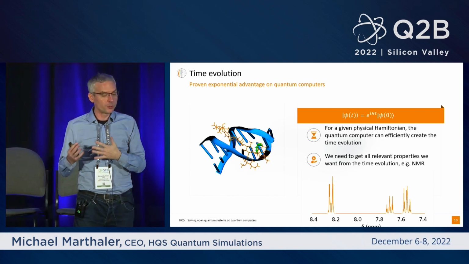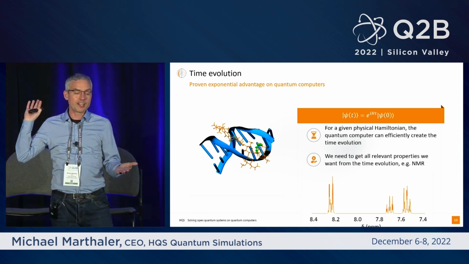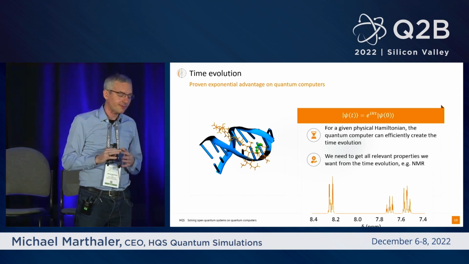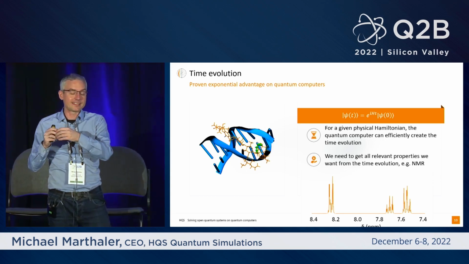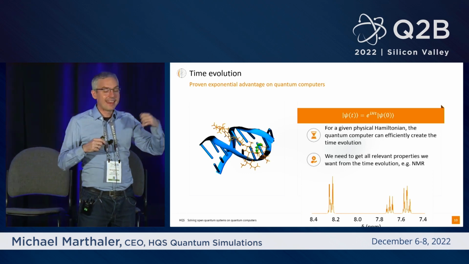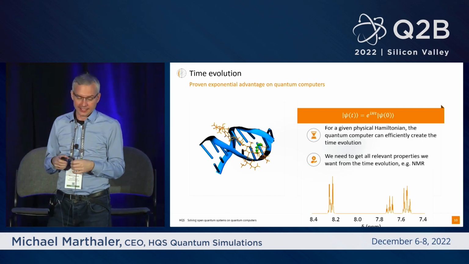What you really do in experiment, and that's also what you would do on a quantum computer, is prepare a trivial initial state, push it out of equilibrium, then time evolve it, and that is the non-trivial part. You have a non-trivial time evolution, and then it goes back into the trivial equilibrium state.